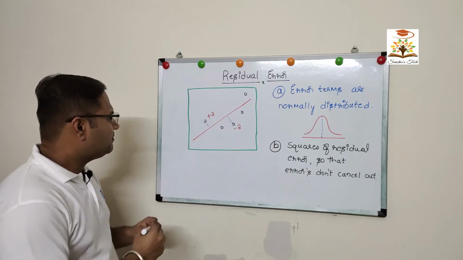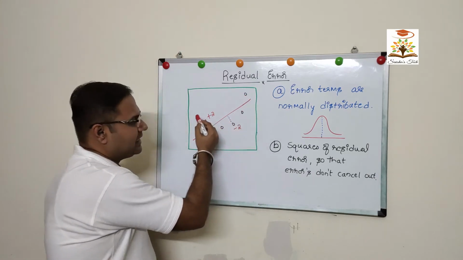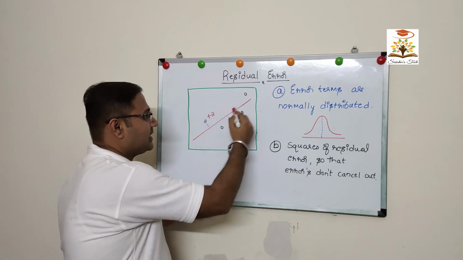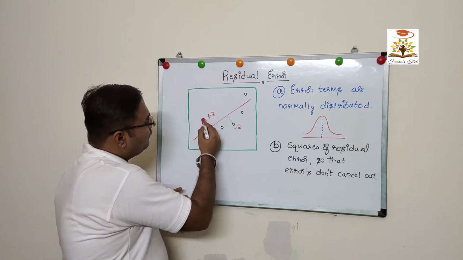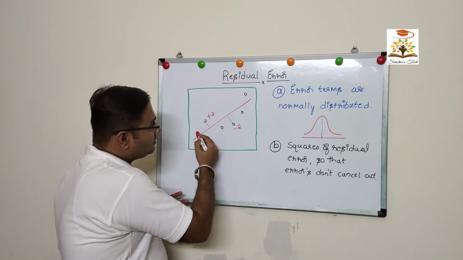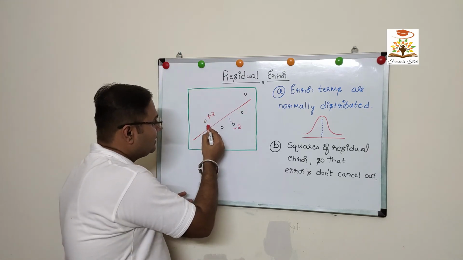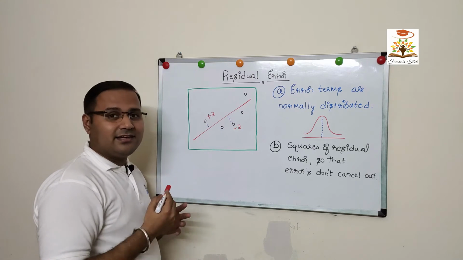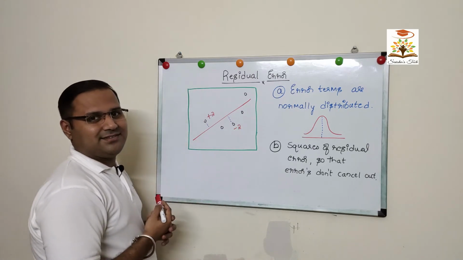For example, if we are building a hypothesis line for a data set, that is a linear equation, the projection of the actual value onto the linear equation, that difference is known as the error and is also called residual error.